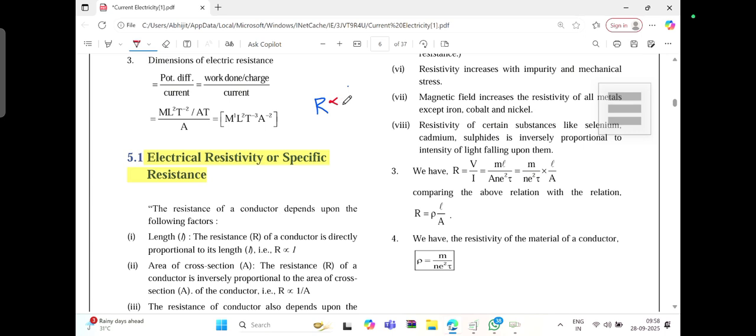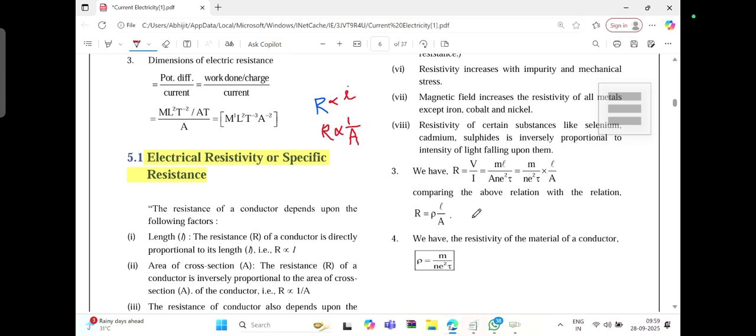R is directly proportional to L and inversely proportional to A. This was already discussed in class, from the concept of drift velocity, and from this expression I have already told you the resistance is directly proportional to L and inversely proportional to A. This constant is called resistivity.